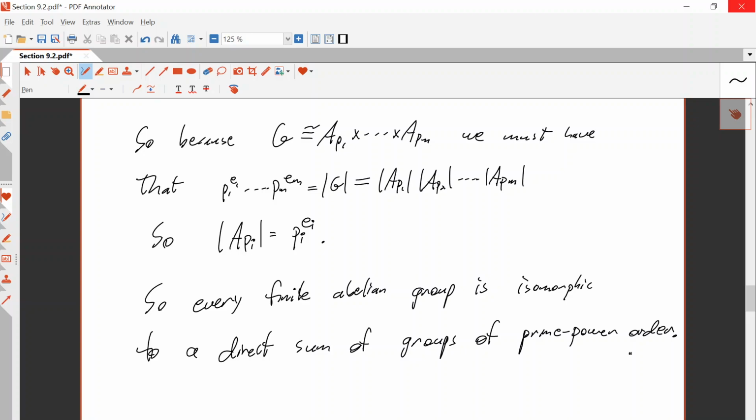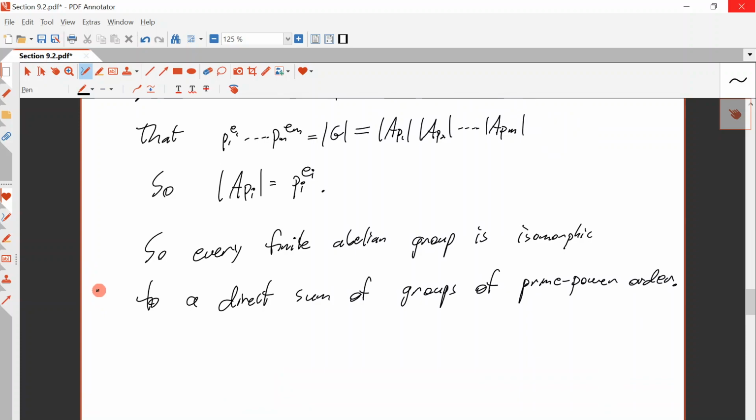So now all we have to do is prove that a group of prime power order is a direct sum of cyclic groups.